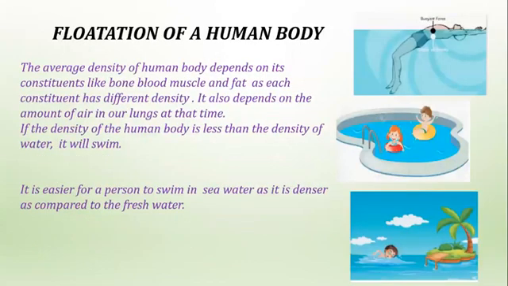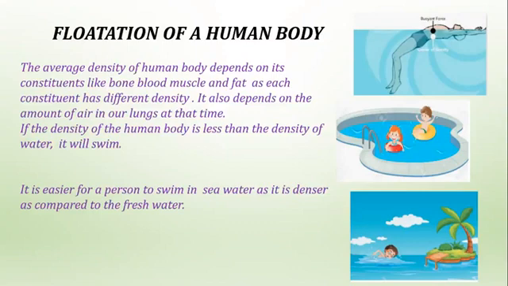Then, flotation of the human body. Human beings are able to float on water as the average density of the body with empty lungs is 1.07 gram per centimeter cube, while with lungs filled with air it is 1 gram per centimeter cube.